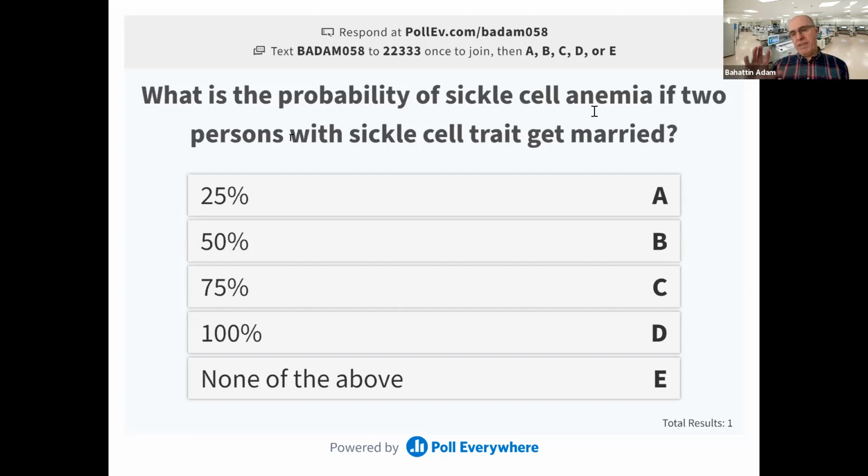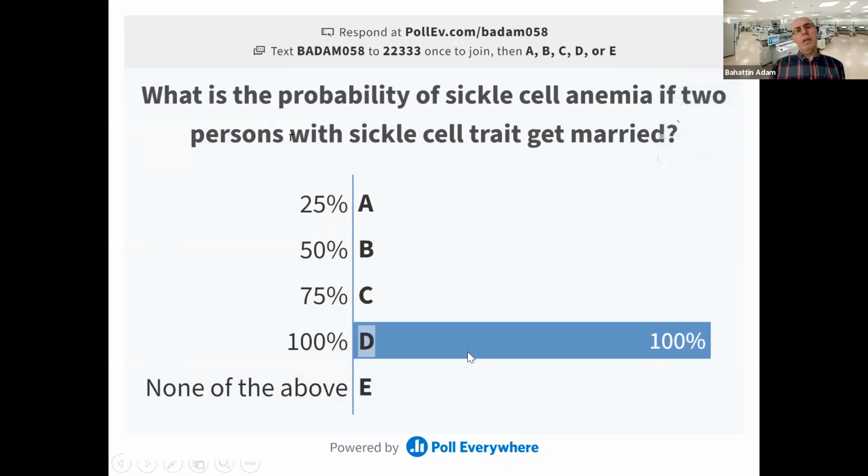Sickle cell anemia is different from sickle cell trait. Okay, let's see. It's supposed to be 50%.